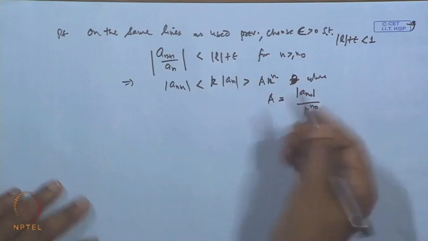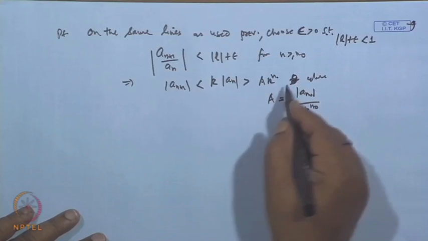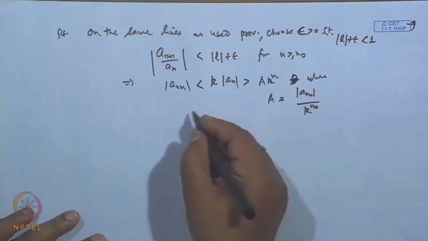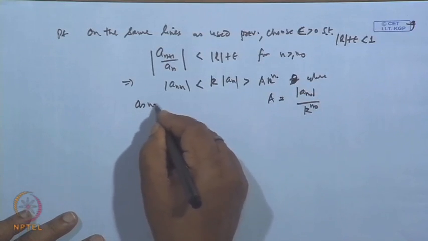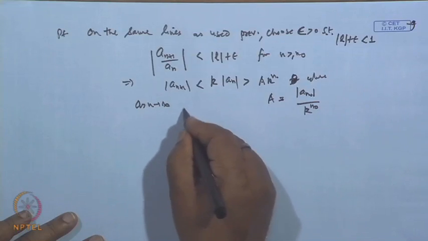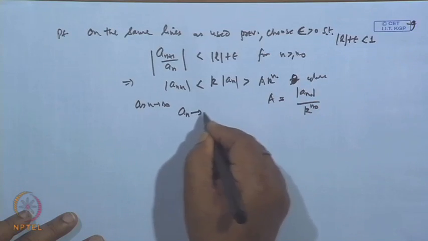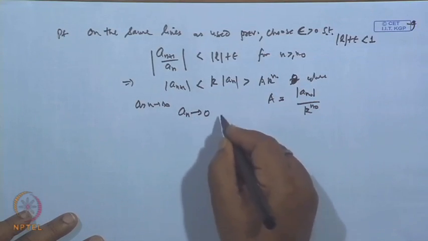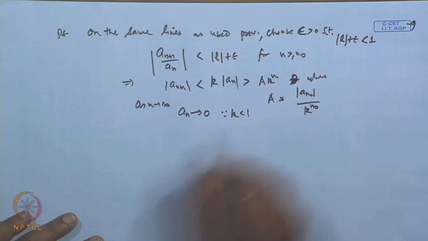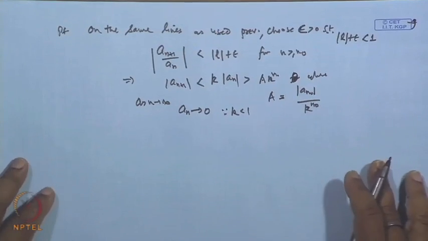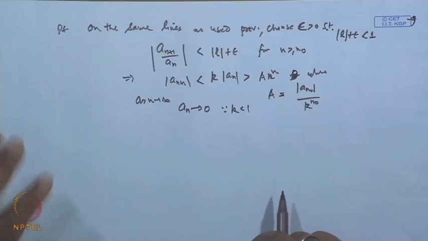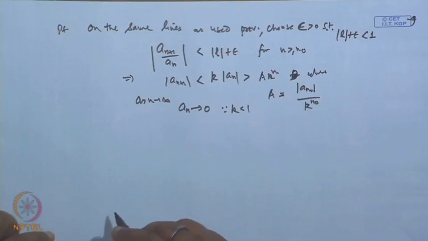So, I am not doing that again. Now, k is less than 1. So, as n tends to infinity, this limit of a_n goes to 0, because k is less than 1. So, this shows the limit will be 0. Okay. So, a_n's limit will go to 0.